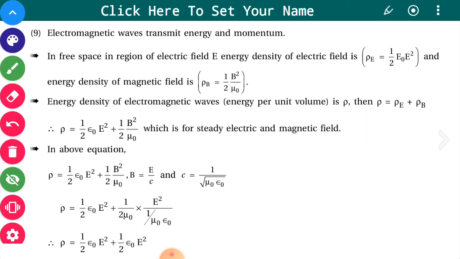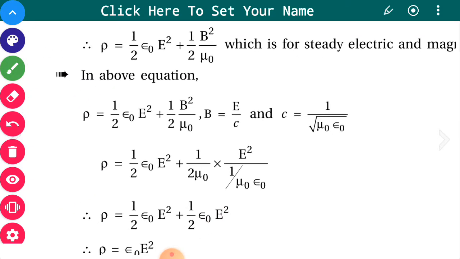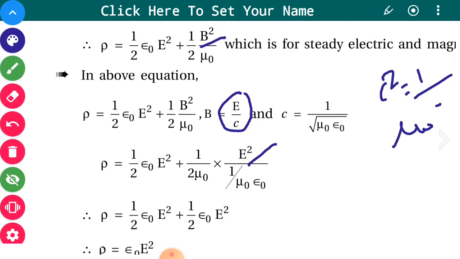Just have a close look at it. We can replace and simplify. Instead of B we write E upon C, so it becomes E square upon C square, and that C square will be 1 upon mu 0 epsilon 0, so it is replaced by 1 upon mu 0 epsilon 0.